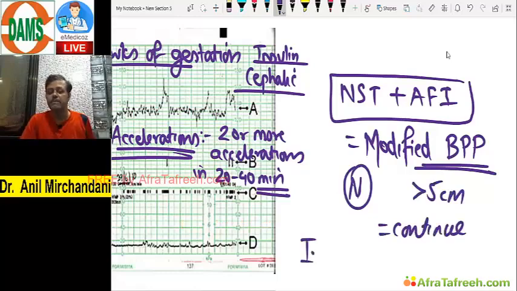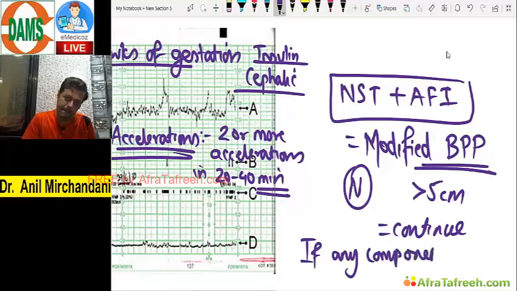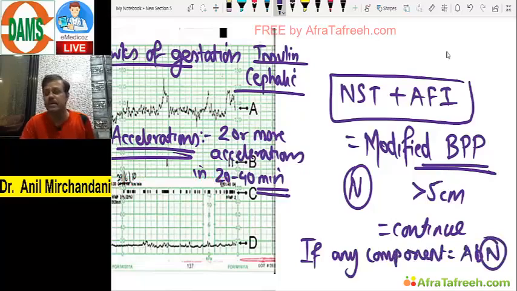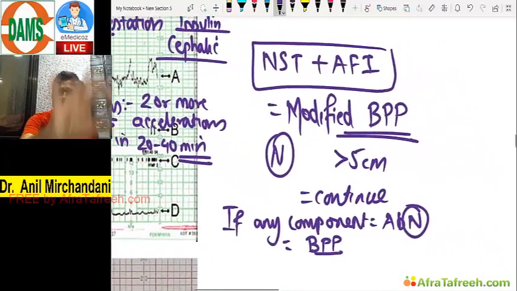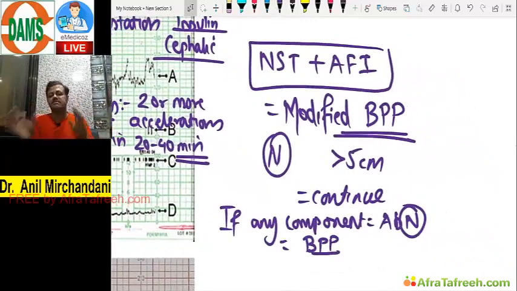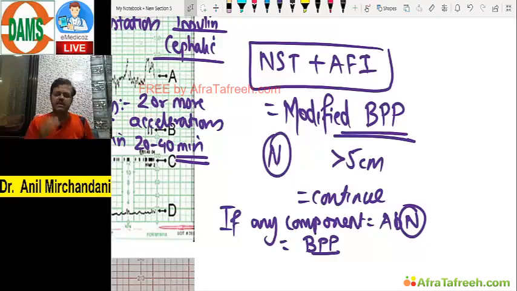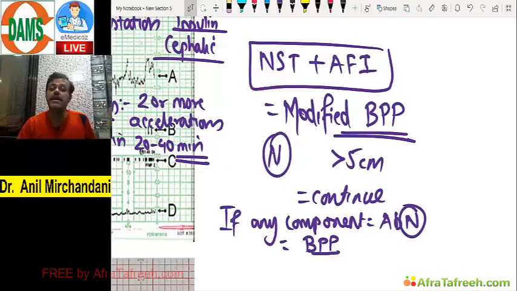If any component is abnormal, do a complete biophysical profile. So same patient, if they have written that NST is non-reactive, AFI is less than 5, any component is abnormal, then you are supposed to do a biophysical profile.